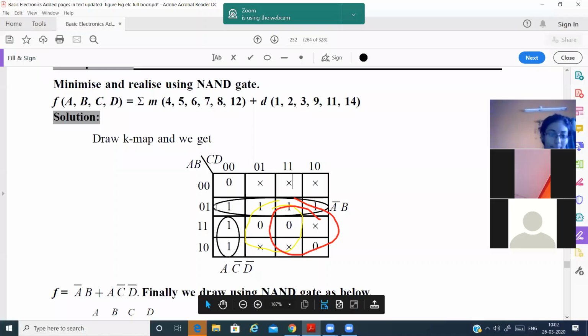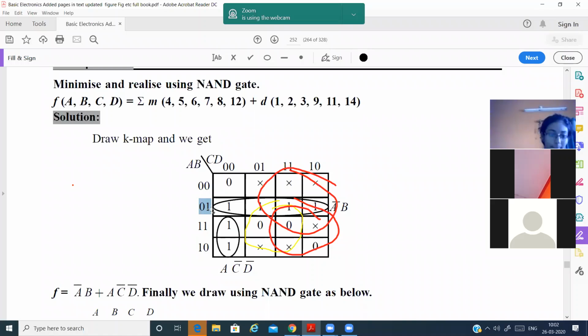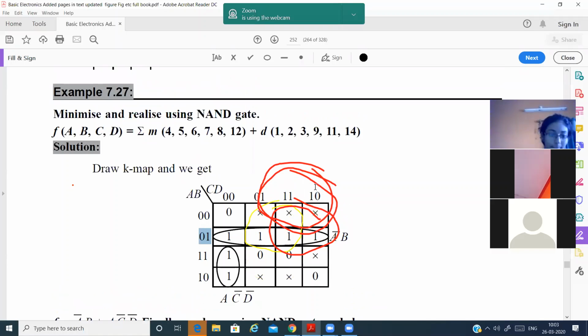Sir, even if we group these four don't cares above, will the answer be different? Even if you group them, when you simplify them you will get the same answer.